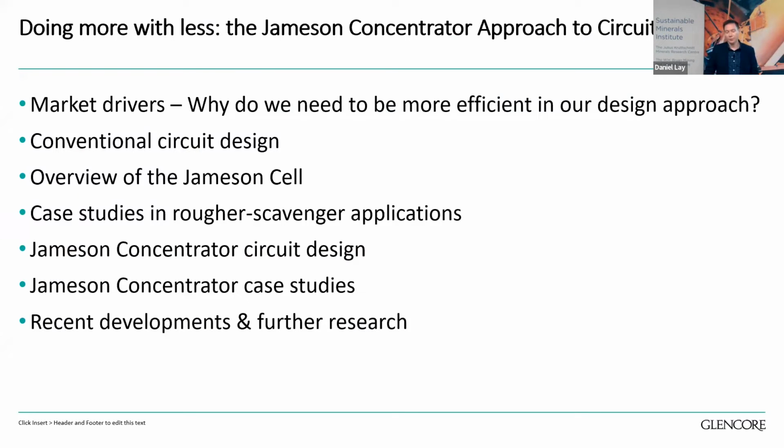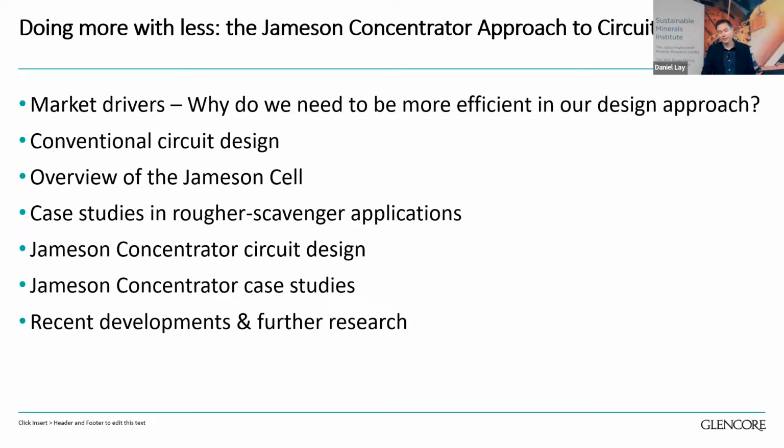So what we'll be going through today, starting off with some market drivers. Why do we need to do more with less? Why do we have to be more efficient with our design approach? I'll then go through some of the traditional methods of conventional circuit design and give an overview of the Jameson Cell and how it's different from conventional cells.